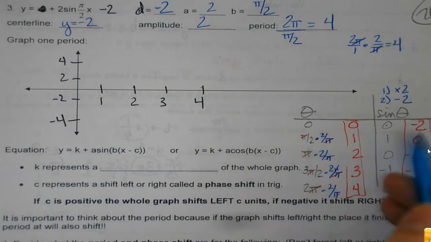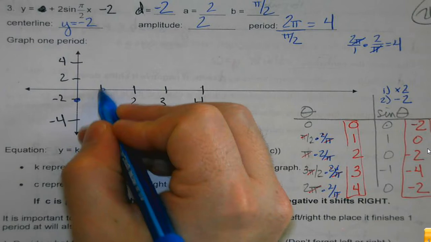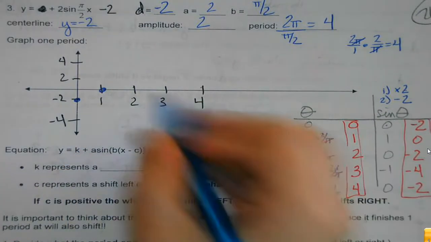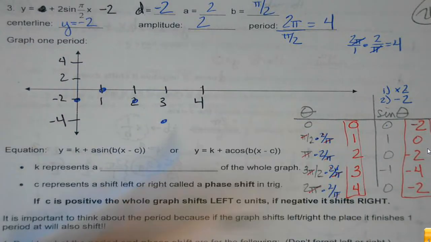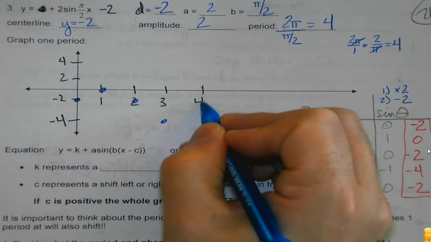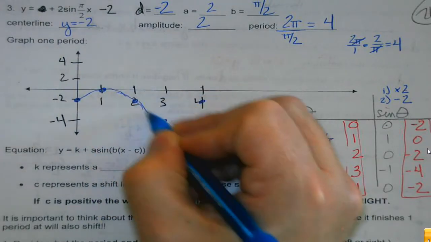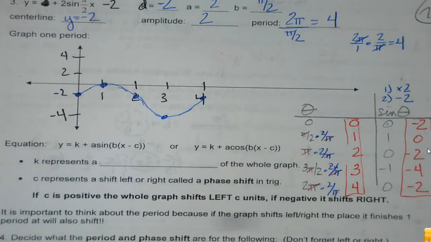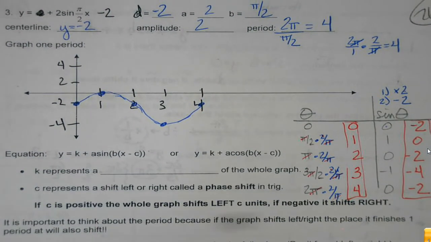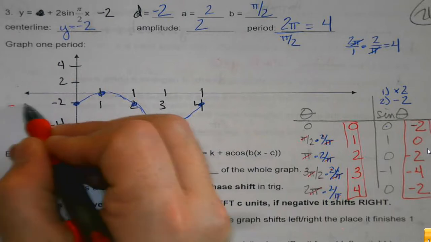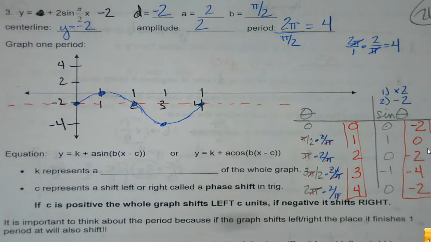So we've got 0, -2, 1, 0, 2, -2, 3, -4, and 4, -2. And a center line at y equals -2.